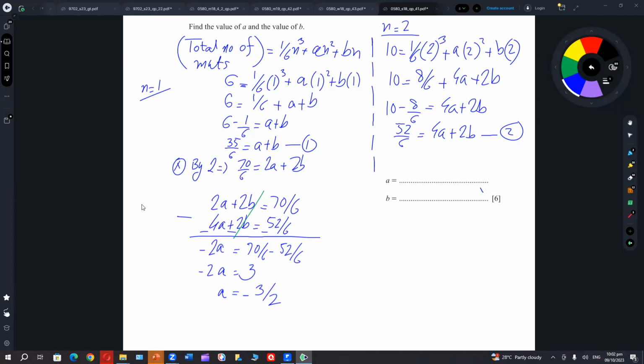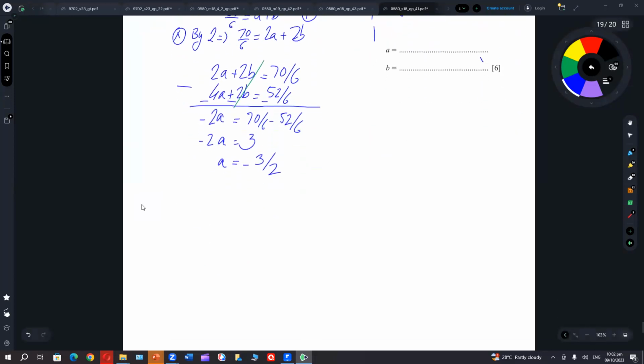how do you find b now? We got a. So now we can put it back in and substitute in another equation. You can substitute in equation 1 or equation 2 to find b. So find b.